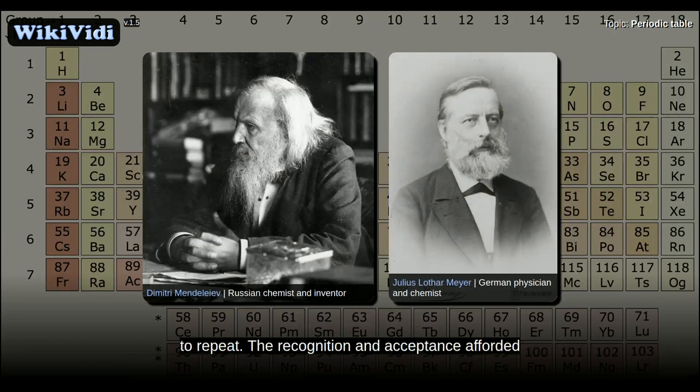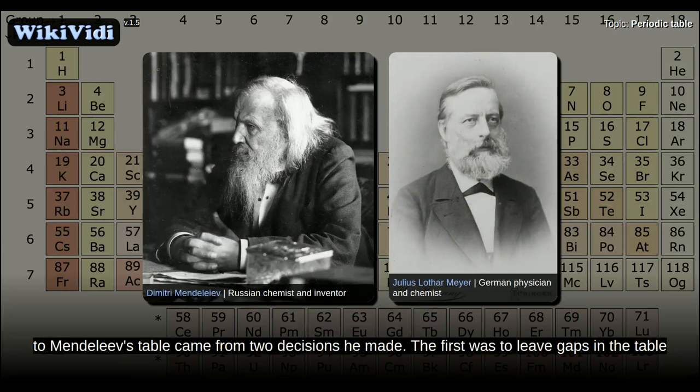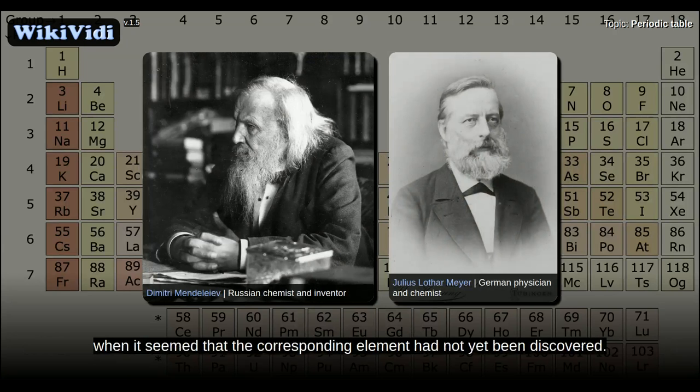The recognition and acceptance afforded to Mendeleev's table came from 2 decisions he made. The first was to leave gaps in the table when it seemed that the corresponding element had not yet been discovered.